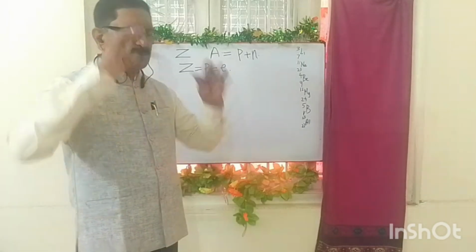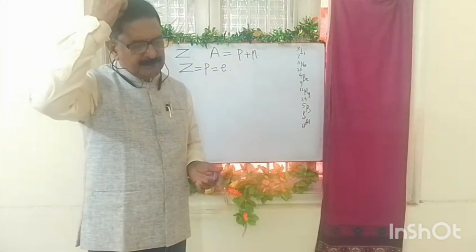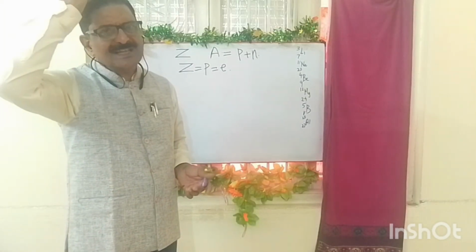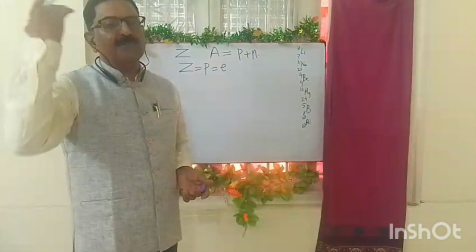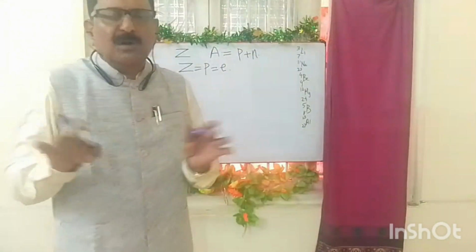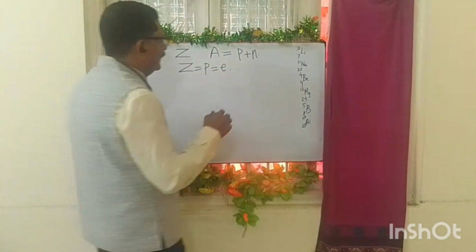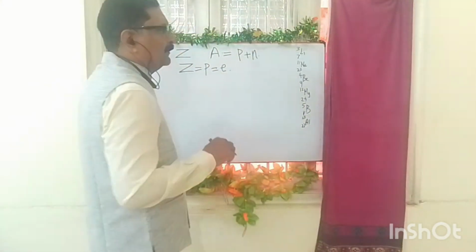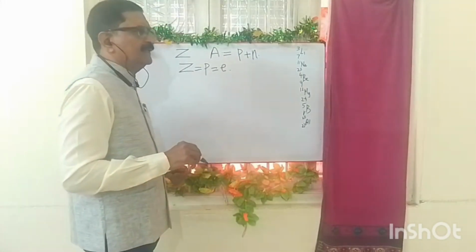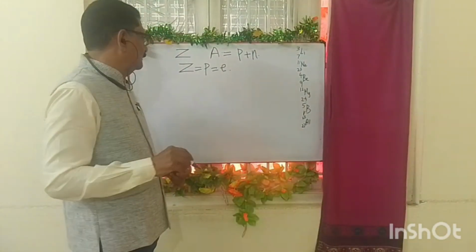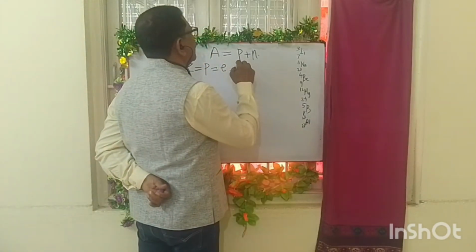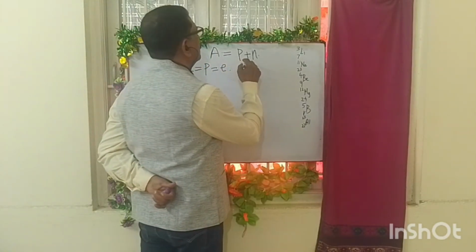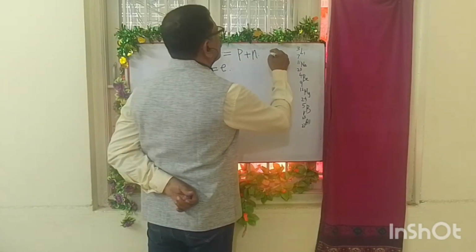It is like if you consider the full body weight, and you completely shave your head, there is not much difference in your weight. The same way, the value of the mass of electron is very less, nearly zero. So the mass of the atom is only because of protons and neutrons.